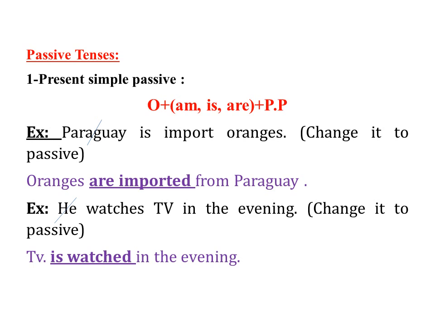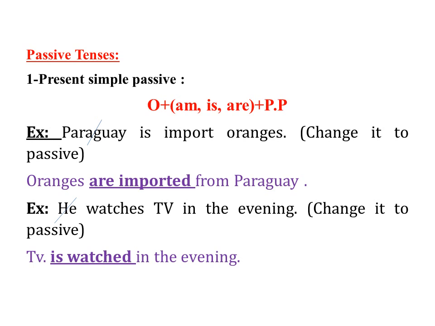See the following example: Paraguay exports oranges. Change it to the passive. At the beginning we remove Paraguay because it's the subject of the sentence and put oranges at the beginning. Oranges is plural, so we must use are, to become: oranges are imported from Paraguay.